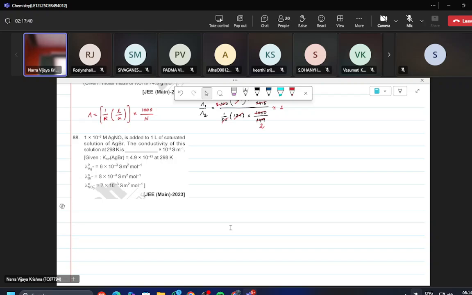Conductivity of the solution is asked. KSP of AgBr is given, lambda naught of Ag plus, Br minus, NO3 minus, everything is given. Solve.